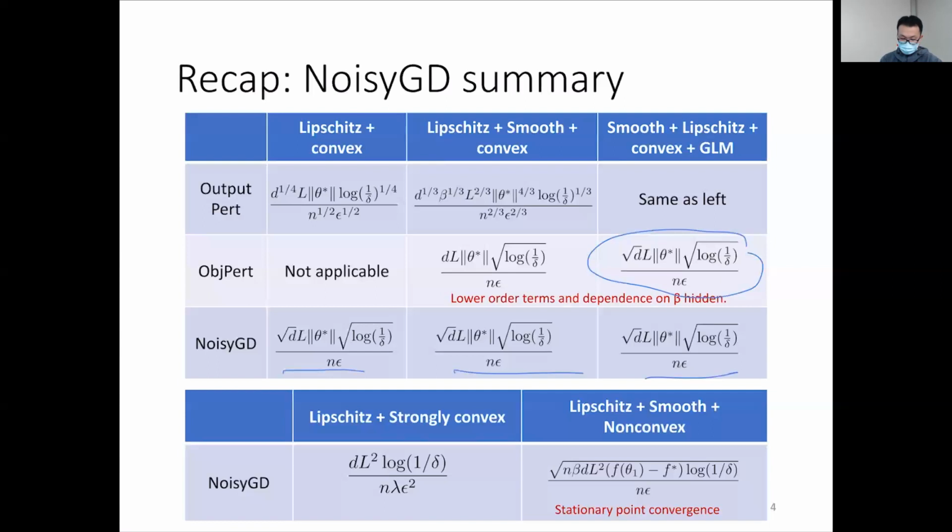And noisy SGD and noisy gradient descent also have the additional benefit that we can analyze them under additional settings, such as the constrained setting, strongly convex setting, and non-convex setting, so that we can obtain detailed utility analysis for each one of these settings.